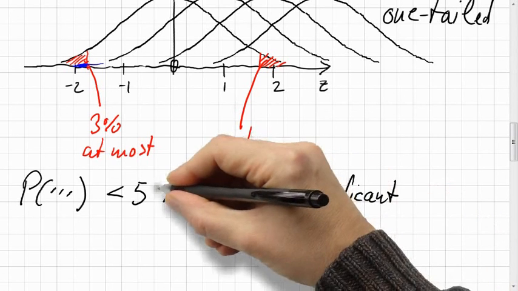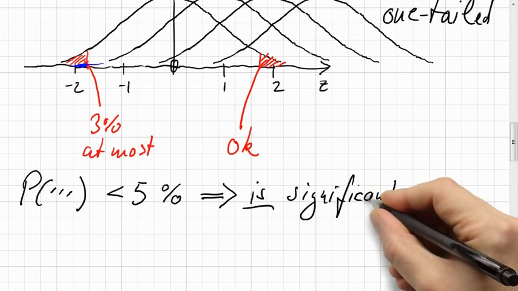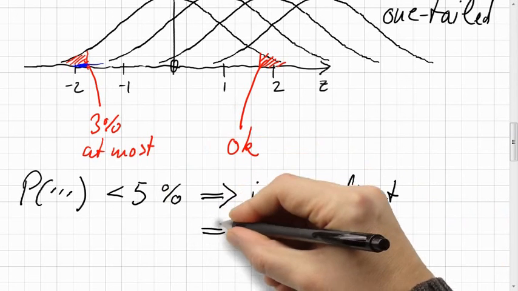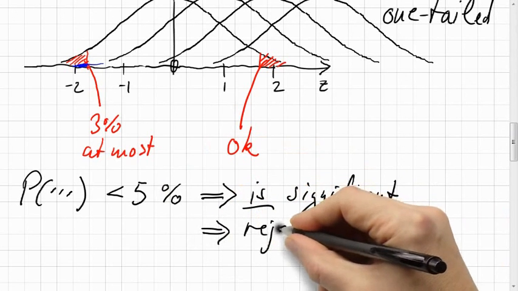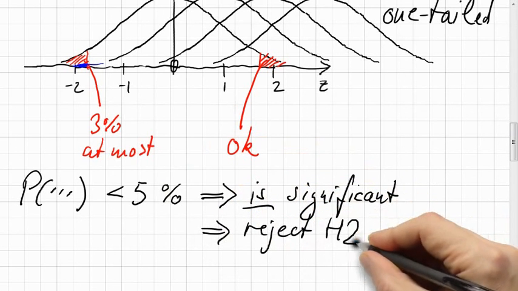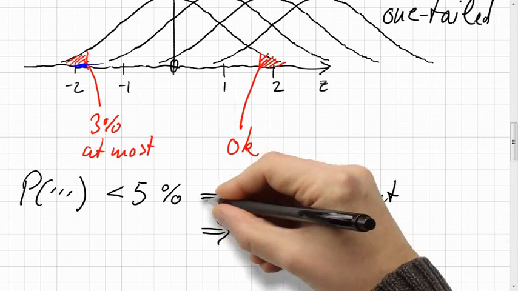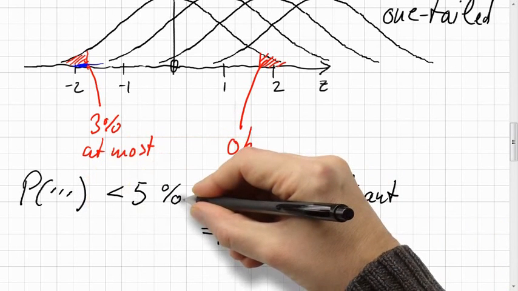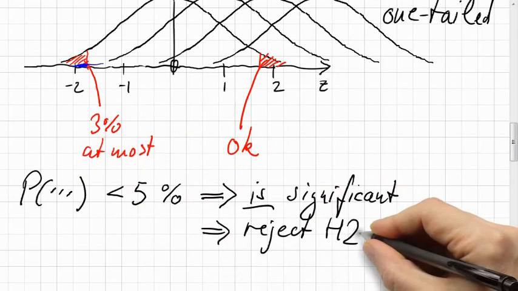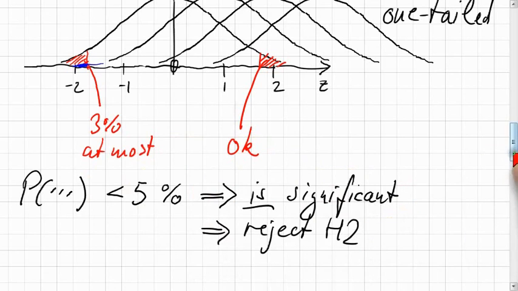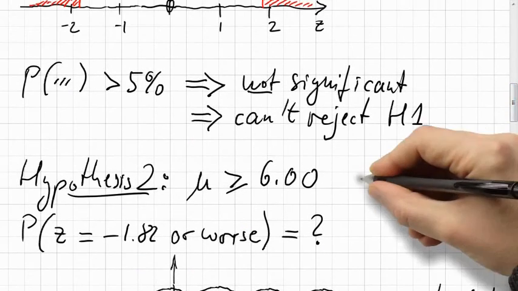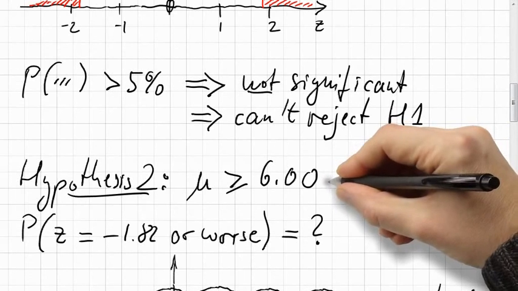Its probability is below 5%. That's a significant event. And hence, we reject that hypothesis. That hypothesis led us to saying that what actually has happened is highly improbable. So we reject that hypothesis. What we learn is that this drug does not seem to increase that specific blood level.